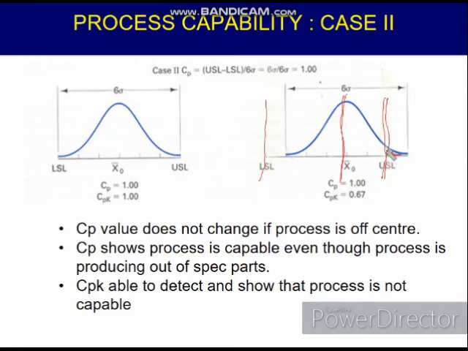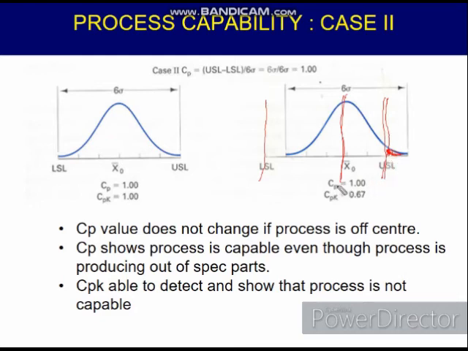Right? So actually, even though CP is equal to 1, the process is actually producing bad, out of spec material, because it's in this particular area. Some portion of the production will be rejected units because it's beyond the spec limit.